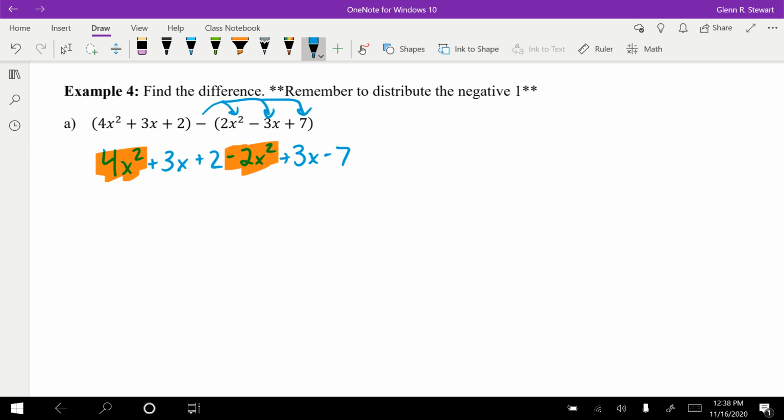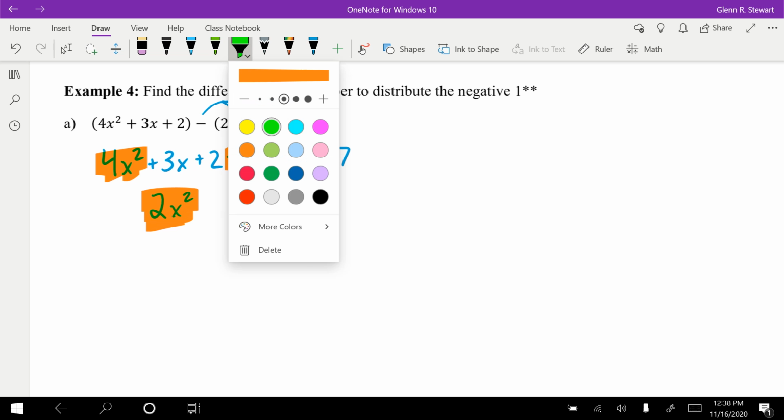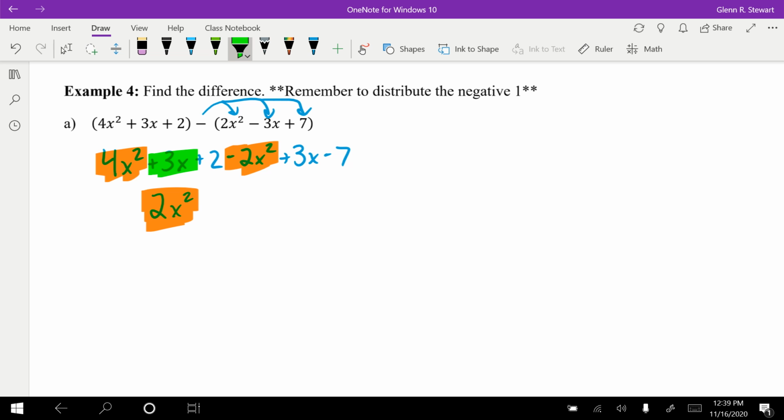Coefficient means the number out front of the x value, and then I have to add or subtract those together. So 4 minus 2 gives me 2x squared, still keep the back half. I have plus 3x here and plus 3x here, so that's plus 6x. And then I have 2 and negative 7, which gives me negative 5. So 2x squared plus 6x minus 5.